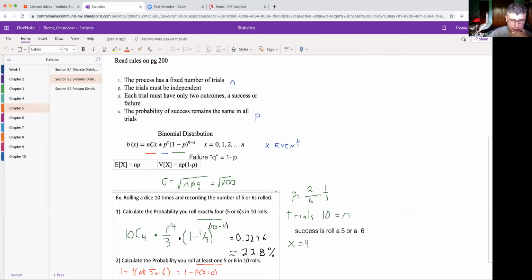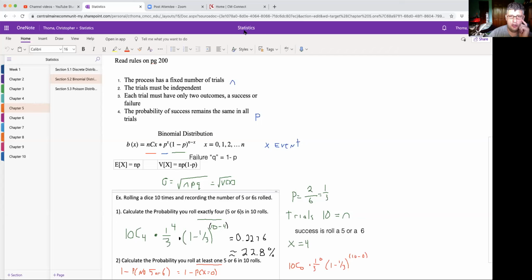I just now make all my 4s become zeros. So 10 C 0 times 1/3 to the 0 power times 1 minus 1/3 raised to the 10 minus 0 power.